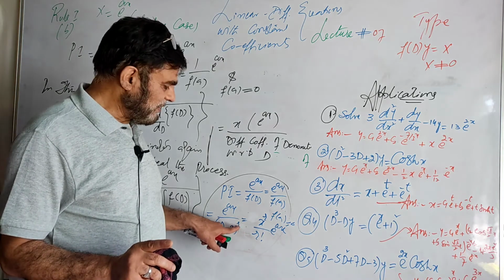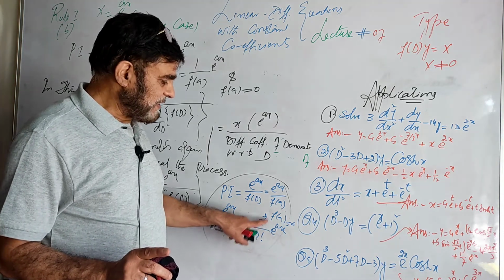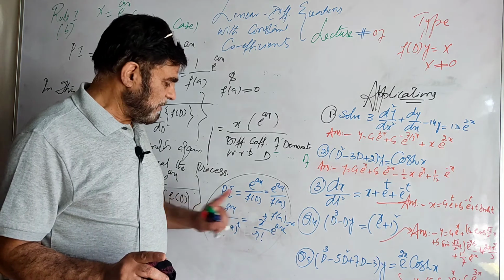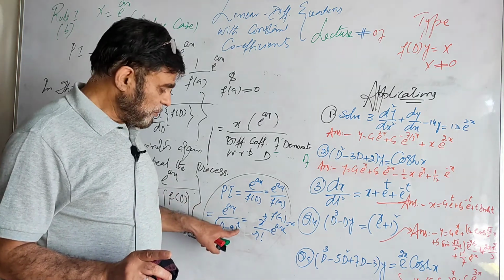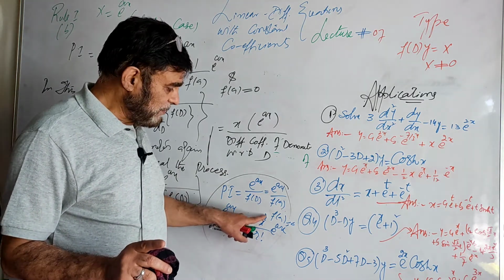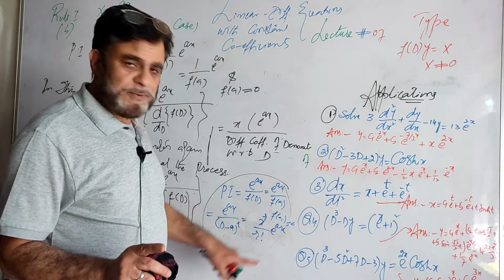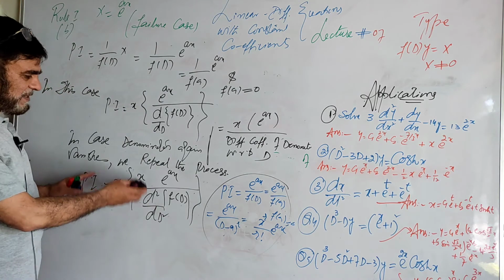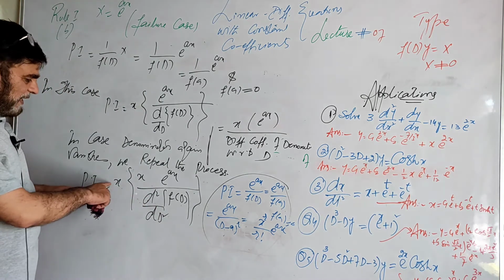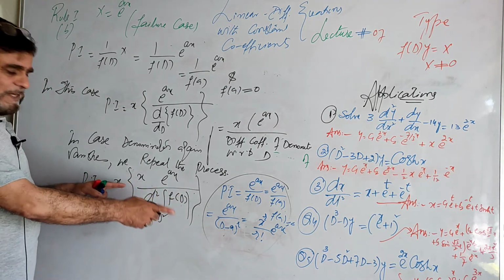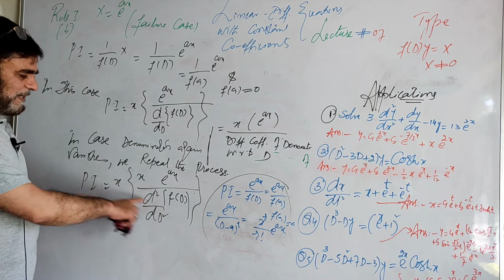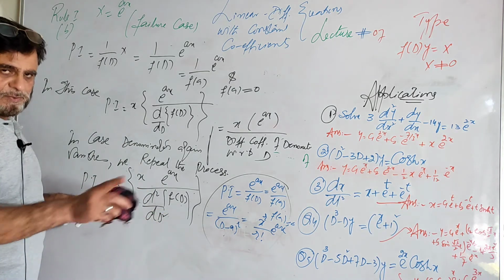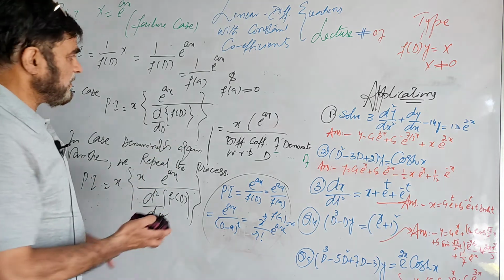If it is 1 time, then r is 1, and it is x raised power 1 by 1 factorial e raised power ax. If it is repeated 2 times, then it is x raised power 2 by 2 factorial e raised power ax. But I think in this case the simple method is to take x once, differentiate, and if it again becomes 0, take another x and differentiate. You will see this when we apply the formula.